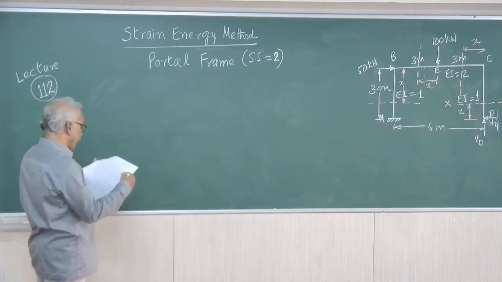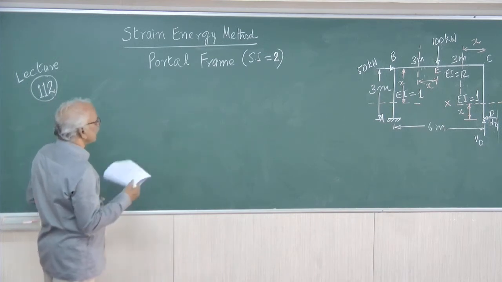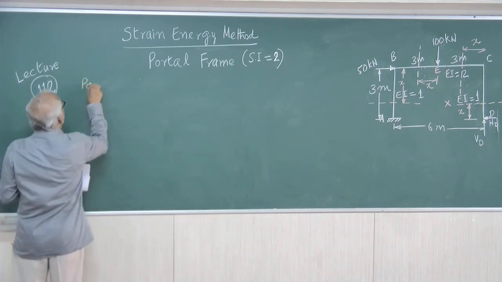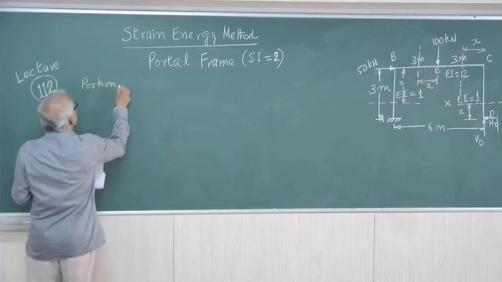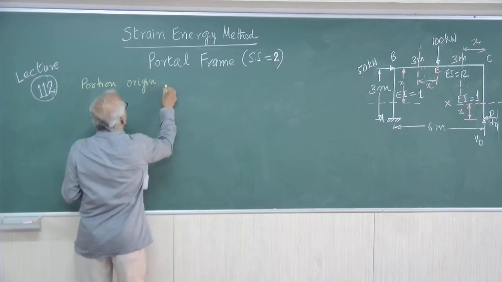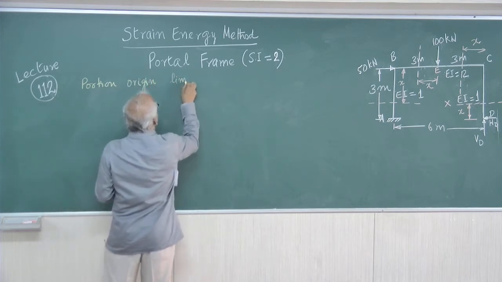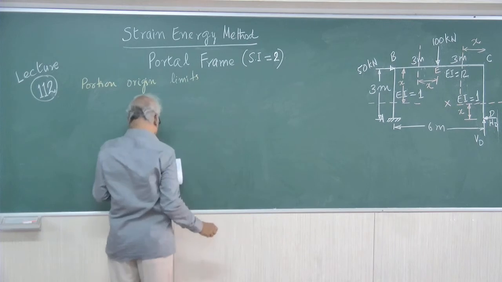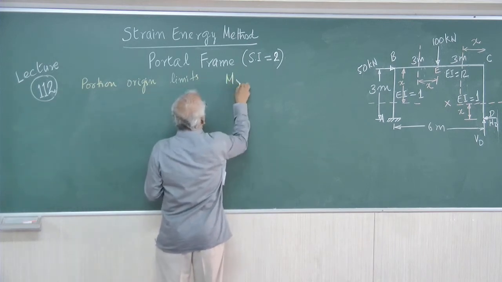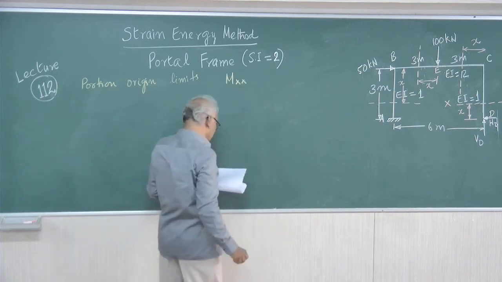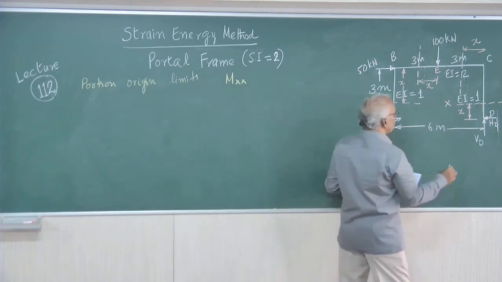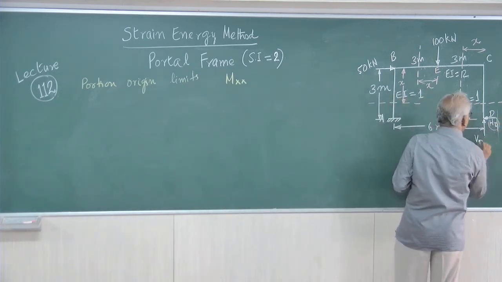So, the standard tabulation is portion, origin, limits, then Mx, the bending moment at the section XX, then the partial derivatives, that is namely this is one unknown and this is another unknown.